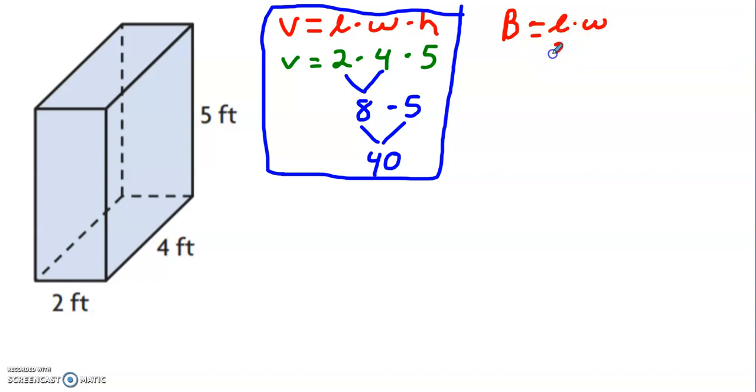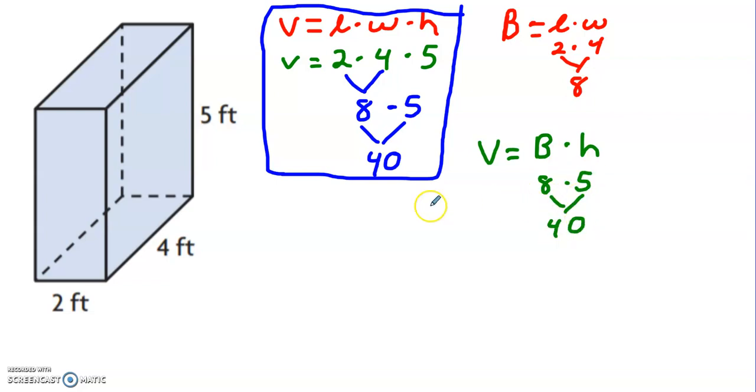My length was 2, my width is 4, which gives me 8. So when I look at the volume formula, capital B times height, I know that capital B is 8, and 8 times 5 also gives me 40. And then I'm going to box this off so I know that this is the same.